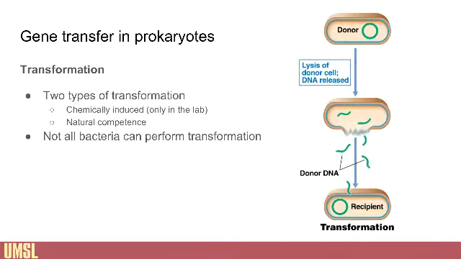Importantly, not all bacteria can do this. It's a very specialized trait. But what's interesting is that if we reconstruct bacterial phylogenies and look at the ability for competent transformation in very disparate lineages of bacteria, it's very clear that this is an old trait.